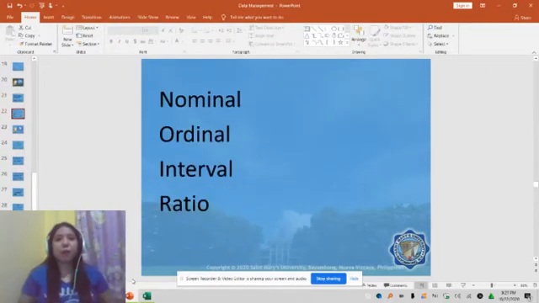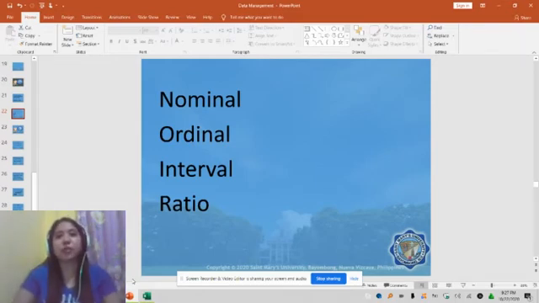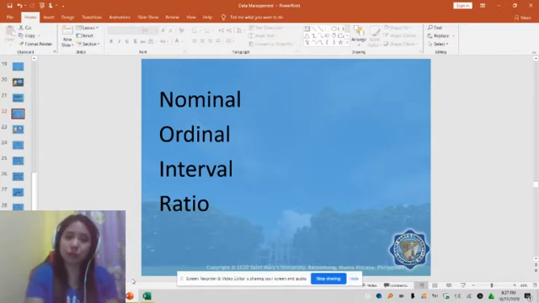If you still remember, we have our discussions of a review of the level of measurements. So we have the different levels or scales of measurements: the nominal, ordinal, interval, and ratio. Just to recall again, an example for nominal is sex. It's a categorical variable wherein there is no rank, which means there's no higher or lower.